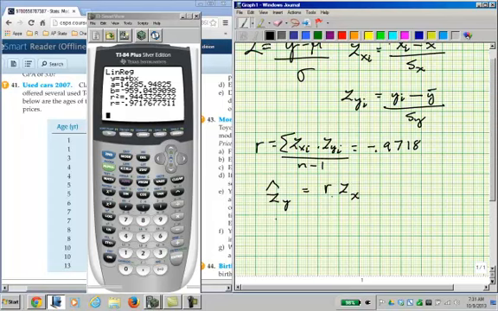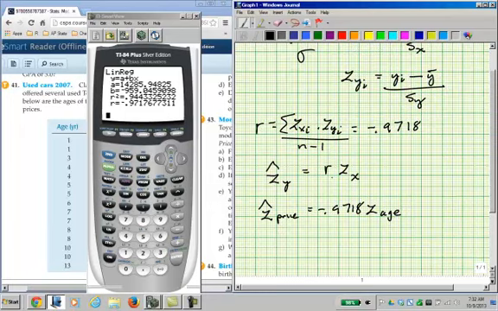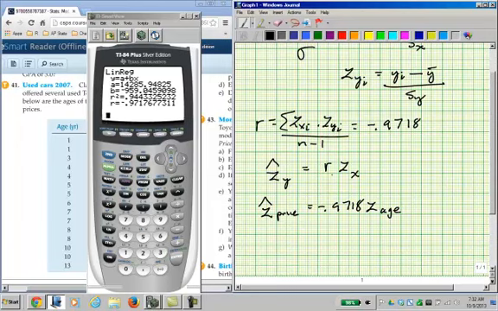So in this case, the estimated z-score of the price is going to equal negative 0.9718 times the z-score of the age. Actually, that's what they're using, age, not year. Okay, so this is the first step.